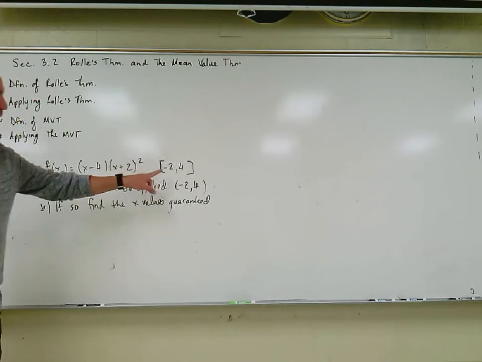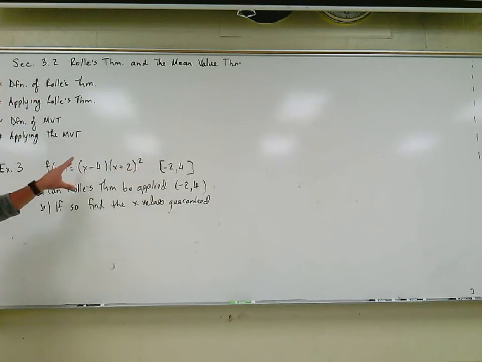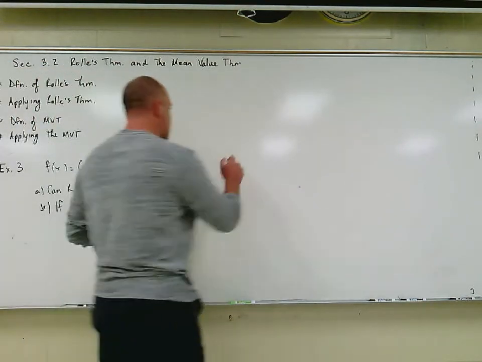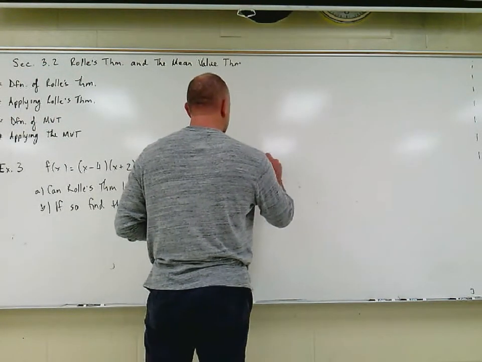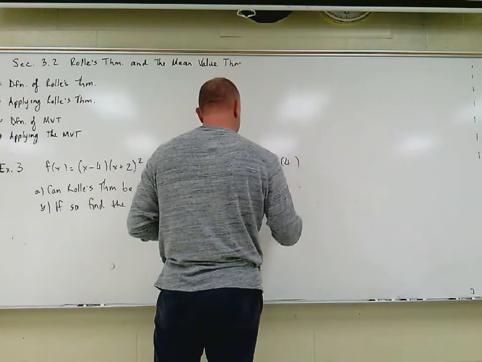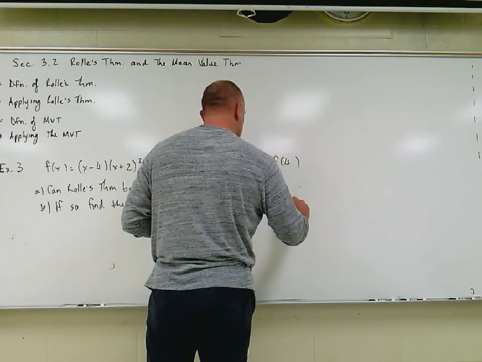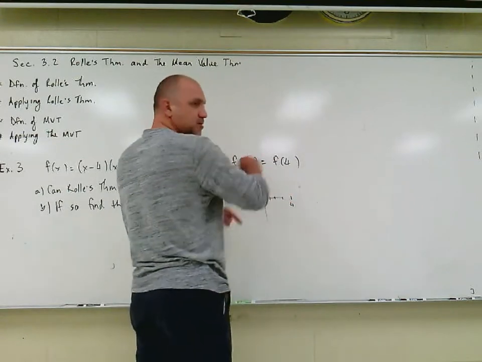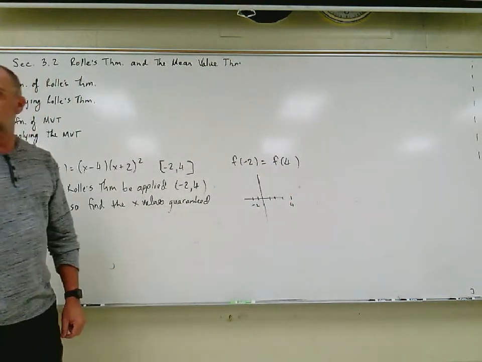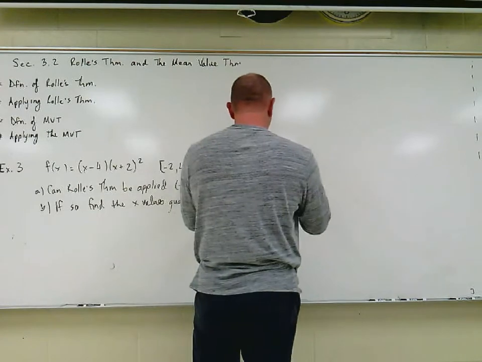Now we have to see if the endpoints are at the same level. So f of negative 2 has to equal f of 4. If we're not at the same height there, then we're not guaranteed to have a slope of 0. But if they're at the same height, whatever they are, then the slope is 0.